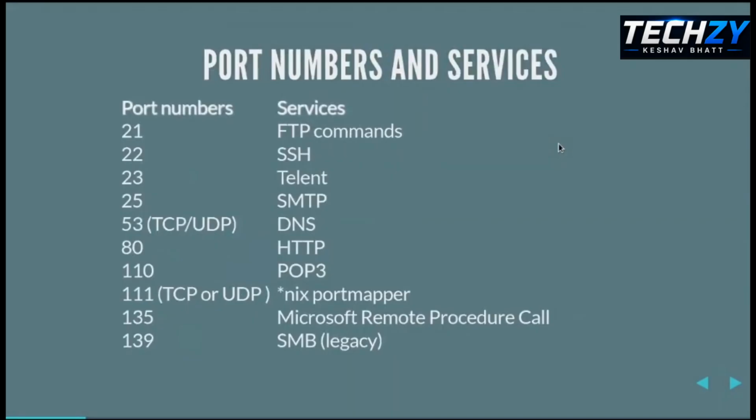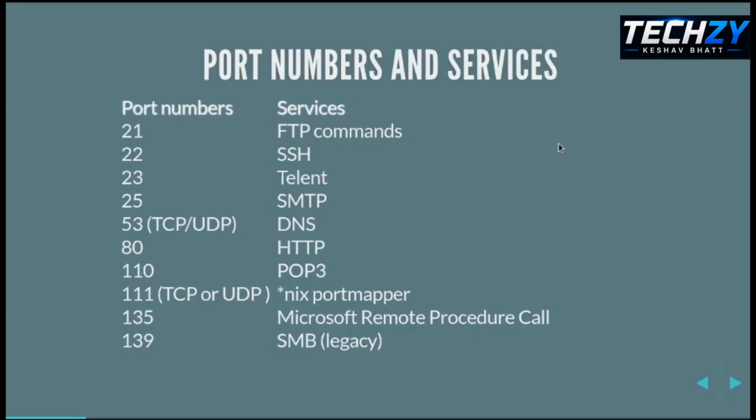So these are some standard port numbers and services. If there are FTP services running on a particular machine or server, they would run on port 21. Secure Shell runs on 22. I hope you understand, it's like a government office or any bank office.